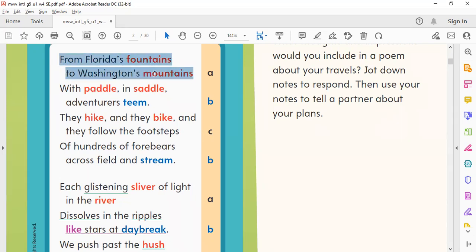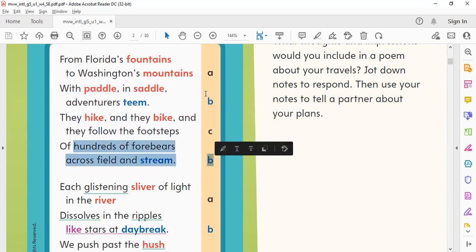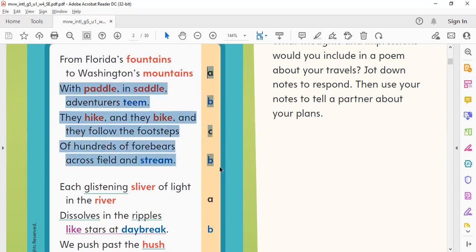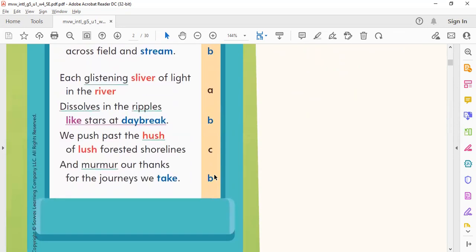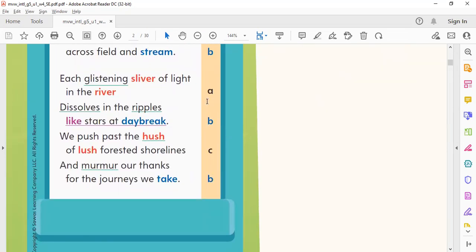The first one is A, the second one is B, the third one is C, and the fourth one we go again is B. This is called the rhyme scheme. The rhyme scheme here is A, B, C, B. And in the second stanza, it also has the same rhyme scheme, A, B, C, B.